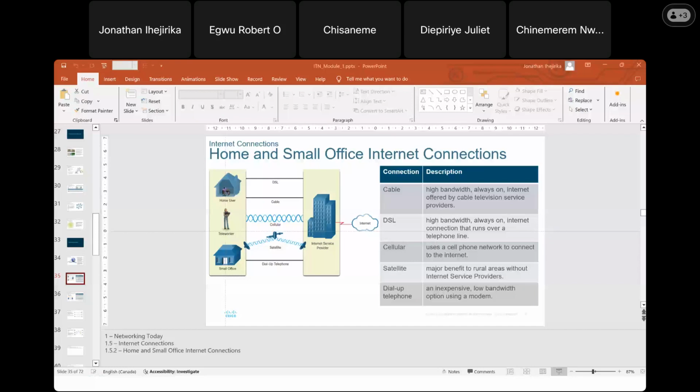Then the dial-up telephone. The dial-up telephone is an inexpensive, low bandwidth option using the what? A modem. Modem, which is what? Modulator, demodulator. It enables us to also access the internet.